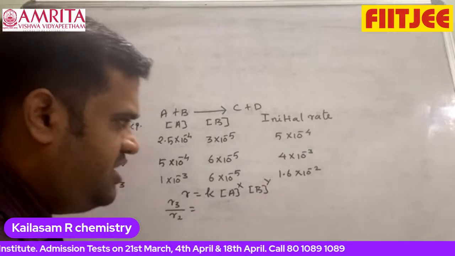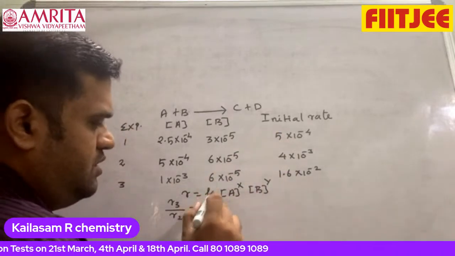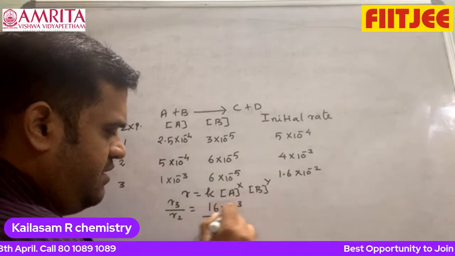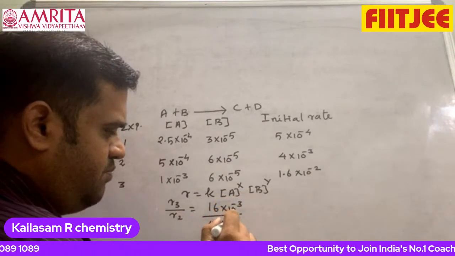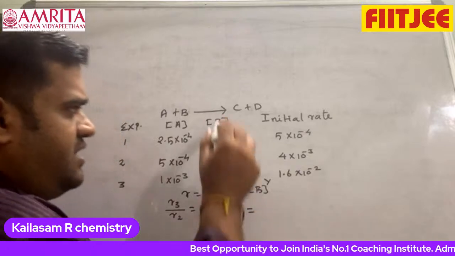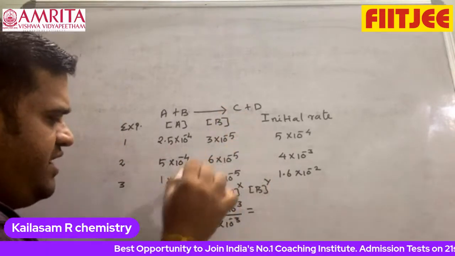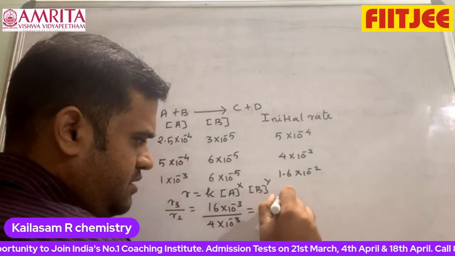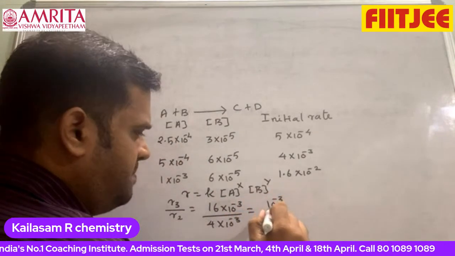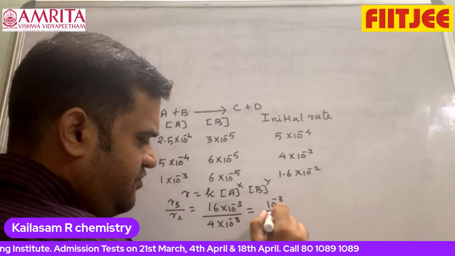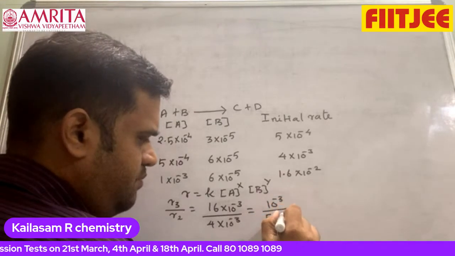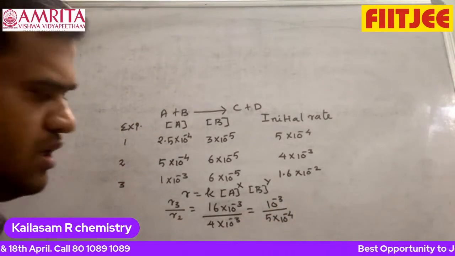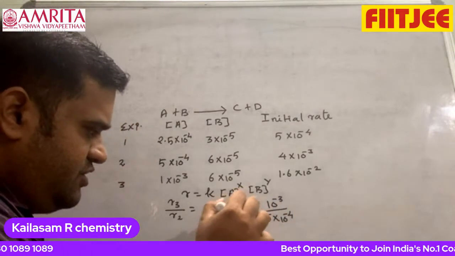R3 by R2. R3 is here 16 into 10 power minus 3 by 4 into 10 power minus 3. Anyway, this concentration cancels off. Only we are going to R3 by R2. I can write 10 power minus 3 by 5 into 10 power minus... Now if I cancel off, this will be cancelled.